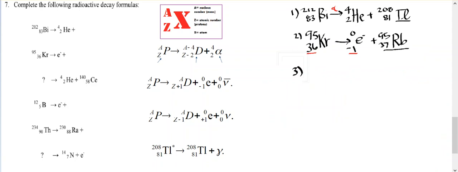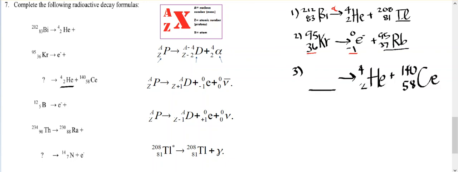Problem 3 is alpha decay, and we know this because we see the helium element. So we would need to work backwards to find the parent element. Since we know that cesium was the outcome of this alpha decay, we are able to add the numbers going from right to left, since all of our nucleon and atomic numbers are conserved.